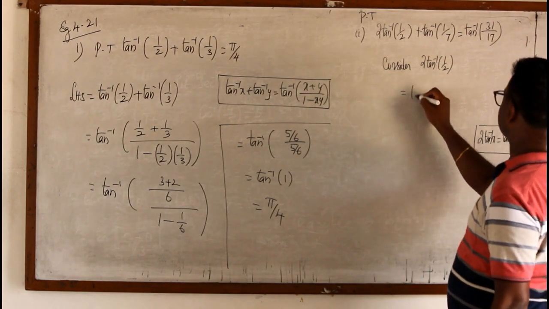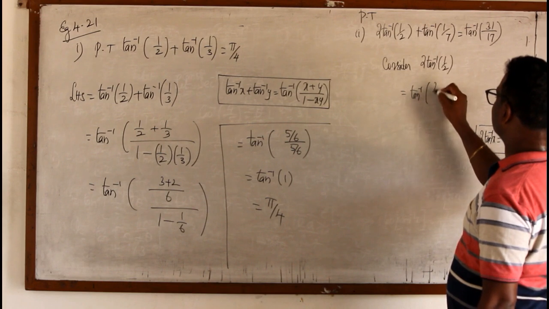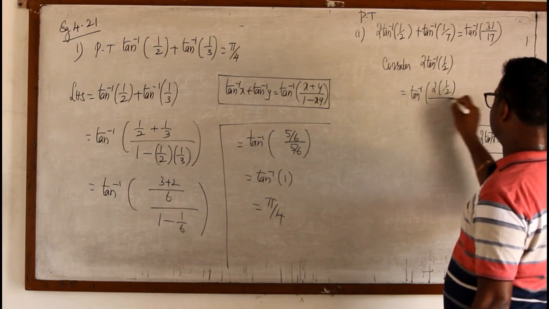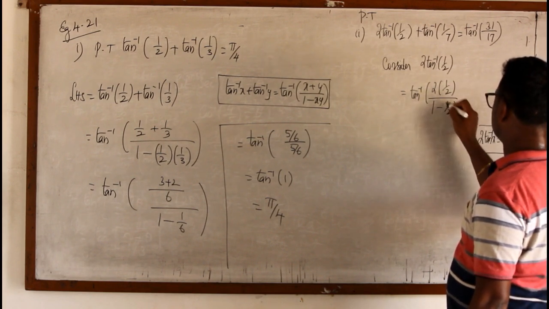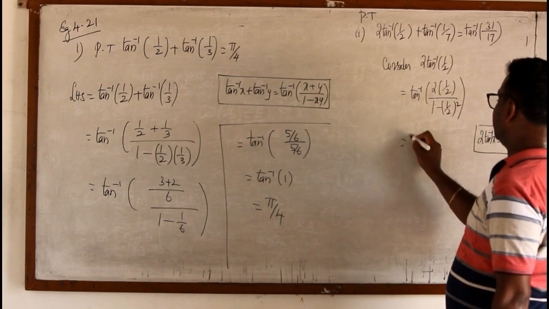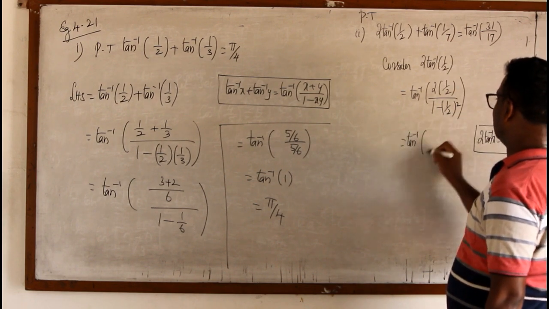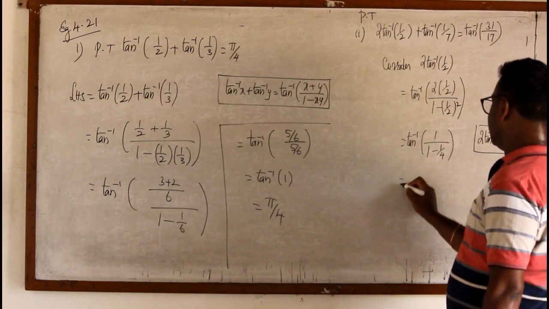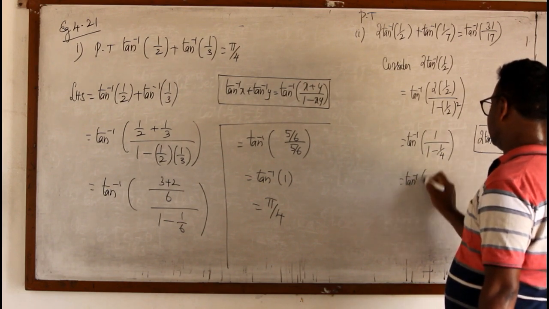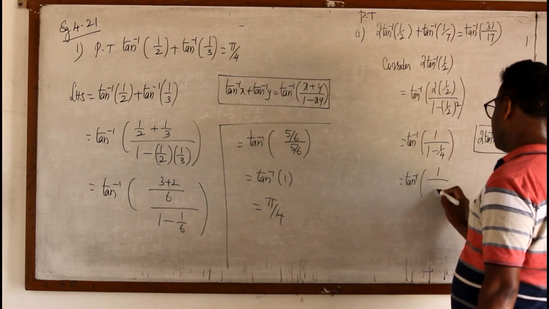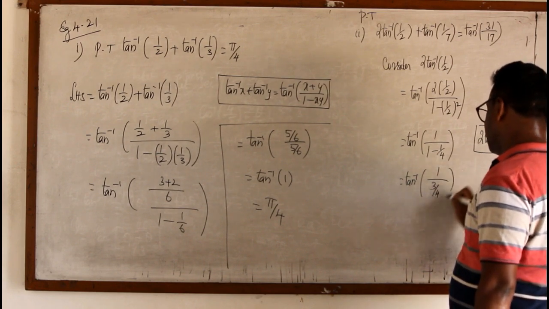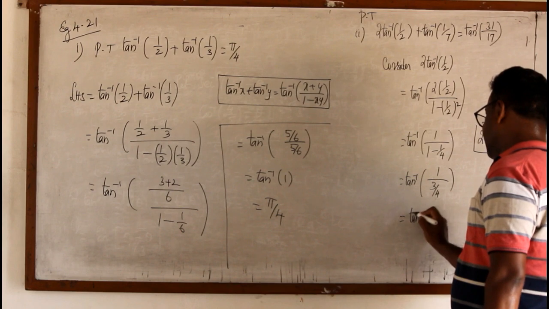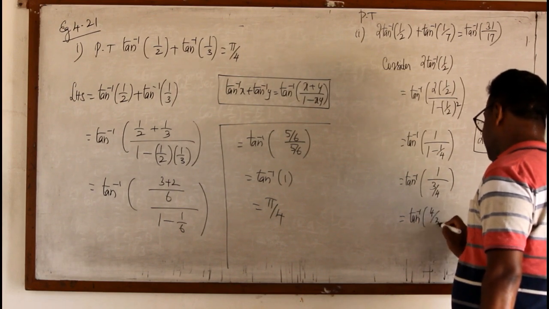It is tan inverse of 2 into 1 by 2 by 1 minus 1 by 2 the whole square. It is tan inverse of 2 cancels 1 by 1 minus 1 by 4. It is tan inverse of 1 by 1 minus 1 by 4 is 3 by 4. So it is tan inverse of 4 by 3.